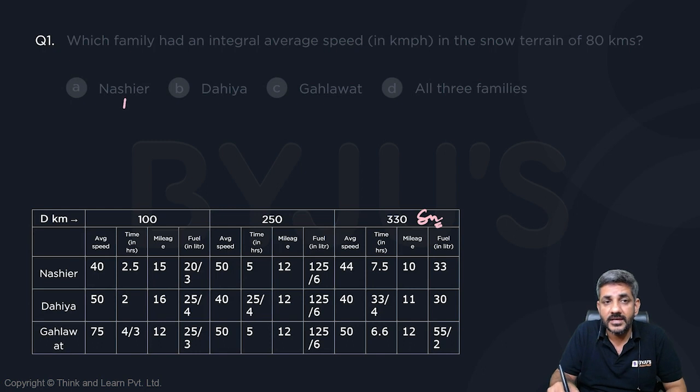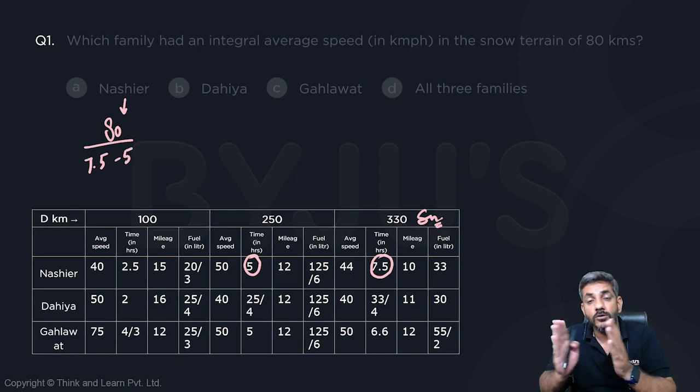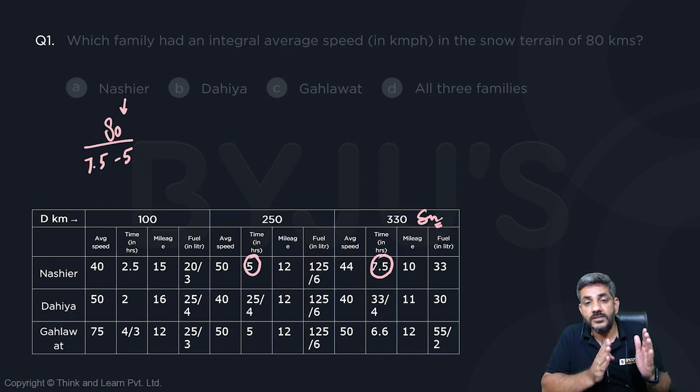When I talk about the Nesher family, they took a total of 5 hours to cover the first 250 kilometers and 7.5 hours to cover all 330 kilometers. So for the last terrain of 80 kilometers, they used a time of 7.5 minus 5. 7.5 hours is for the whole 330, 5 hours is for just 250.